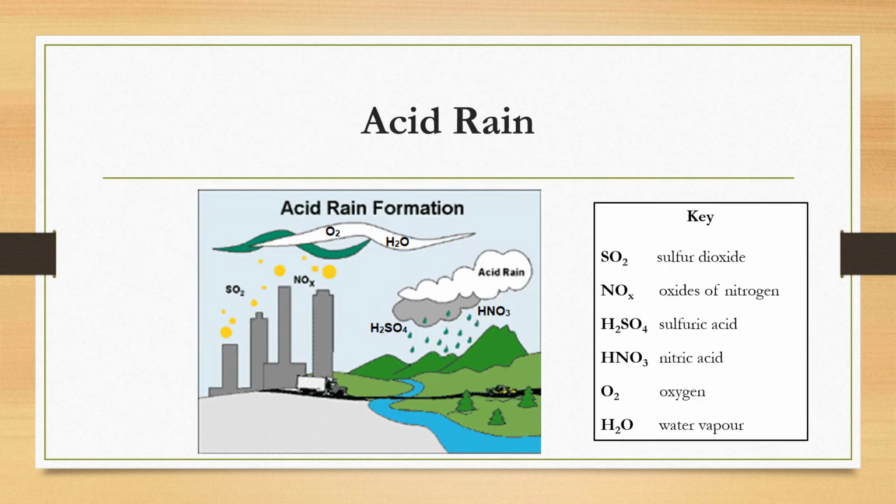We have now reached the last part of this presentation. You have learned that sulfur dioxide and oxides of nitrogen cause acid rain. Observe this picture and recall the formation of acid rain.